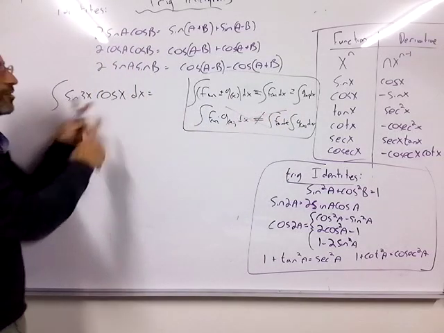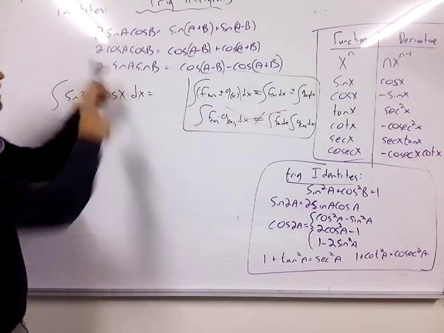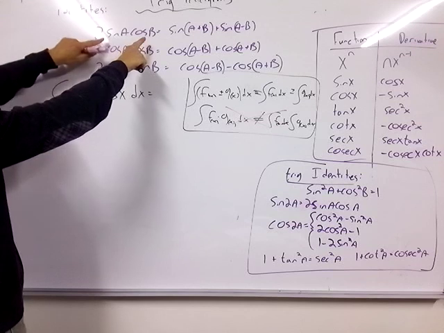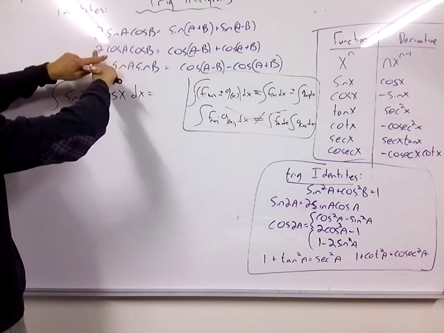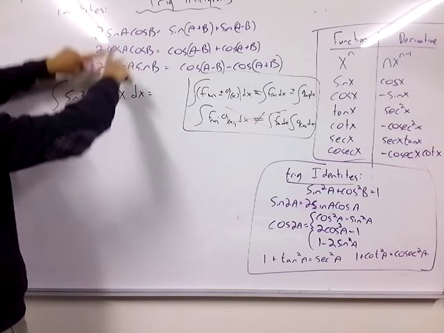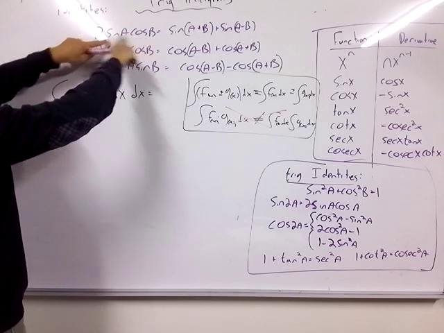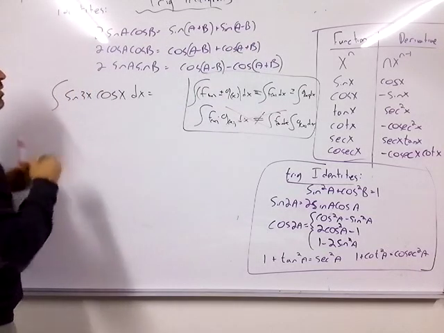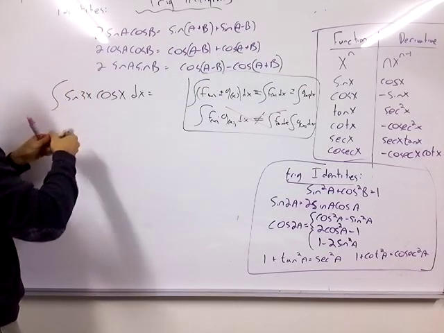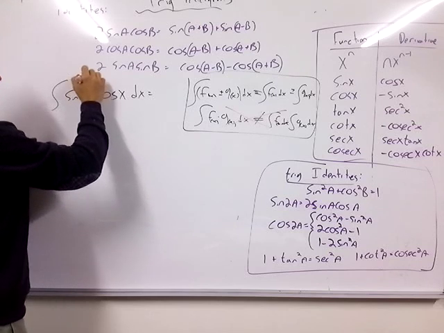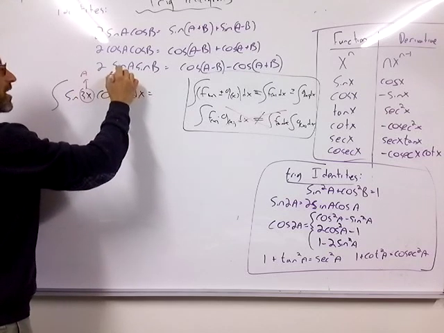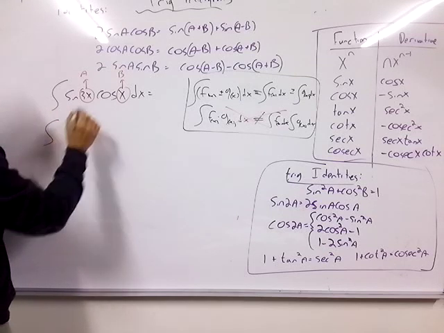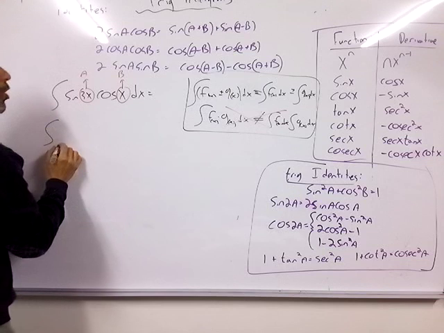So I want to move it into a sum, and I'm going to use this trig identity. You've got three kinds: sine times cosine, cosine times cosine, sine times sine. I've got sine times cosine, so I'm going to use that. Now I've got a 2 here and I don't have a 2 there, so I'll divide the other side by 2. The 3x is like your A, and your x is like your B. So I'll divide the whole thing by 2.